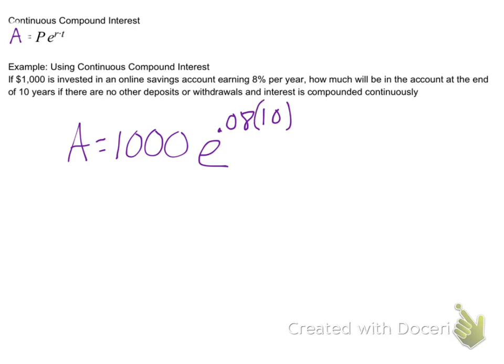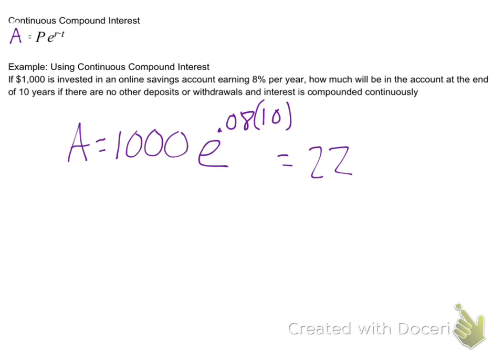Now guys, make sure you use parentheses here. If you're using the old standard gray box calculator, you're going to have to do 0.08 times 10 first, and then second, e to raise it as a power. But it's still 2,200, sorry, wow, 2,200.